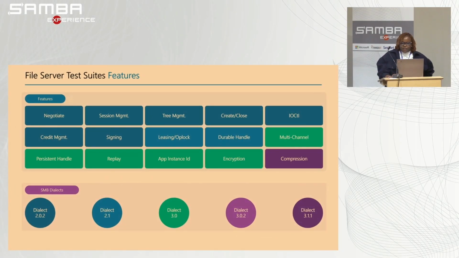Here are some of the features we test. This matrix shows which SMB dialect introduced each feature that we test. The basics like create, read, write, and close are tested across all of the dialects, while more advanced features land where they were introduced.